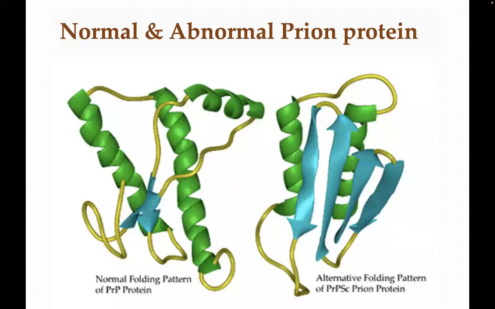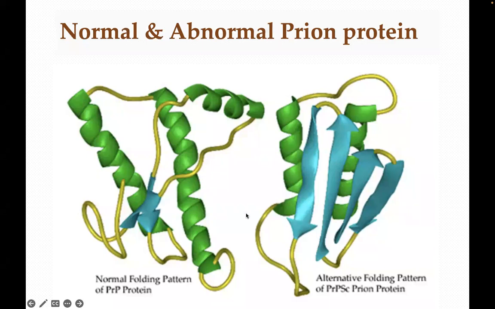I hope we know what alpha helices and tertiary folding forms for proteins are from biochemistry. We can see here on the left, it has more alpha helices and fewer beta sheets. These are the beta sheets, and these are the alpha helices. So the normal prion protein, PrPC, has the dominant form as alpha helices and fewer beta sheets.